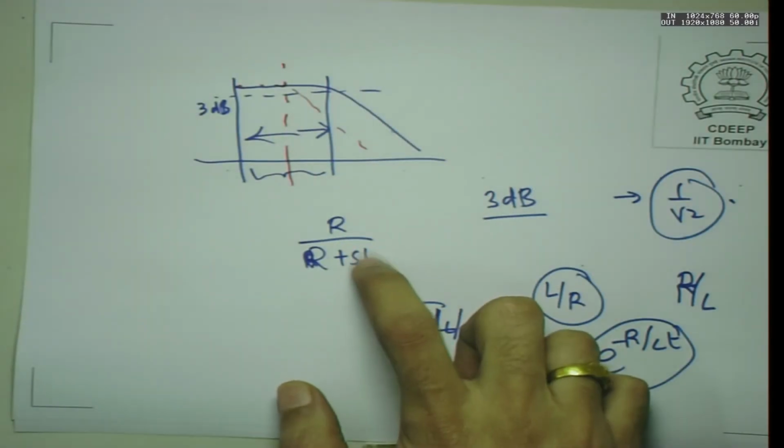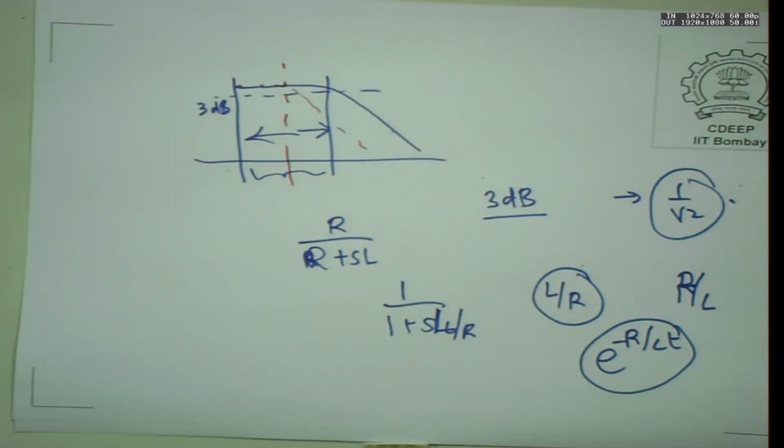So, the measured value is the voltage across the resistance and the input is the voltage across the RL circuit. Your transfer function is R upon R plus SL, and the cutoff frequency I have chosen is 100 radians per second, which implies 100 divided by 2 pi hertz.